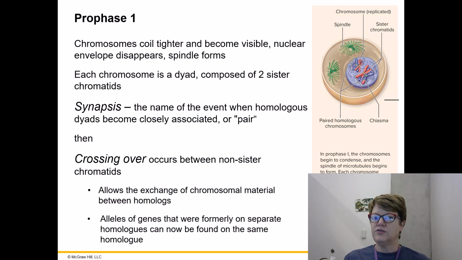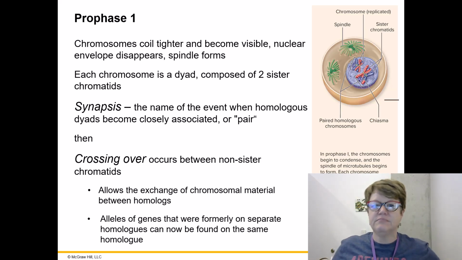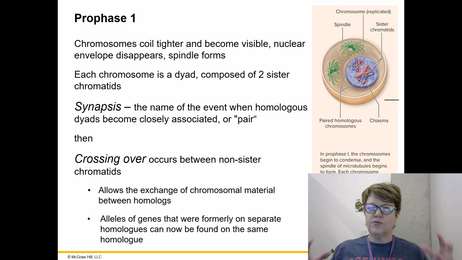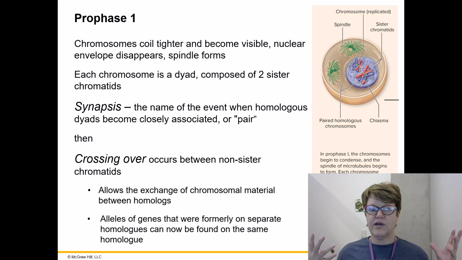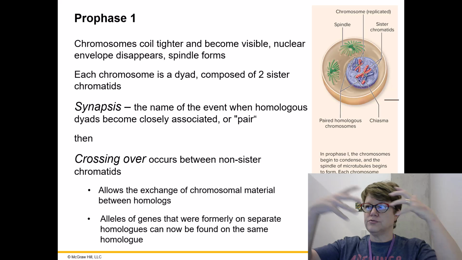Okay, just like prophase in the cell cycle, prophase 1 has the same typical events of any prophase in that the chromosomes condense, they get tighter, they become more visible. The nuclear envelope disintegrates, and those spindle fibers start to develop.